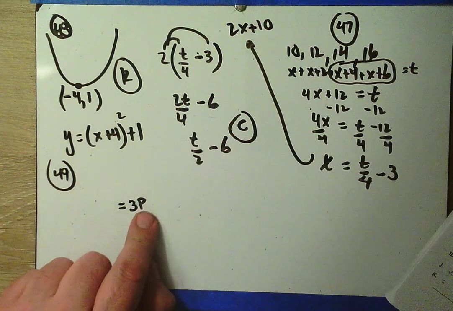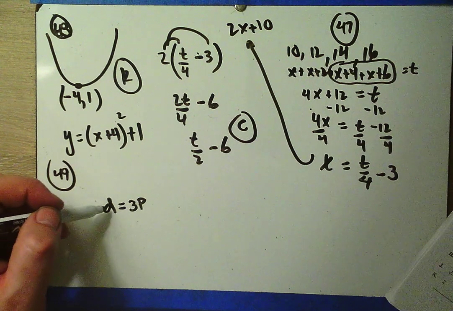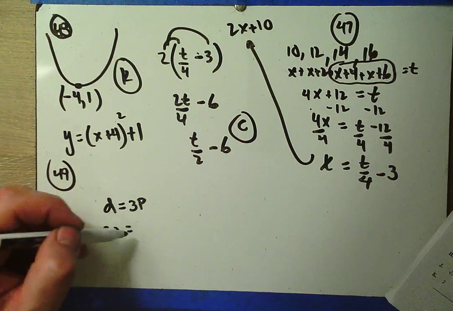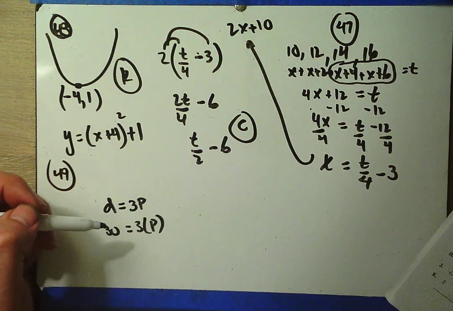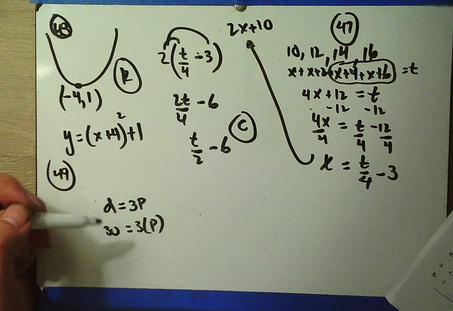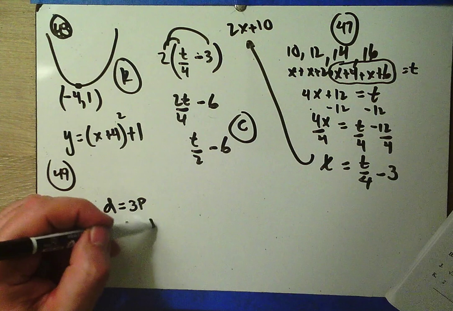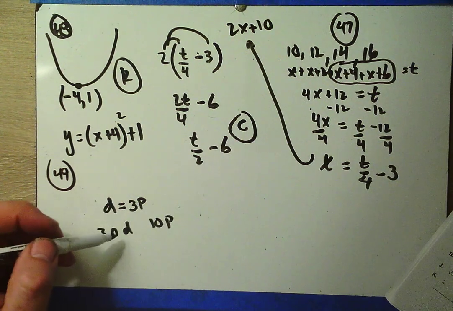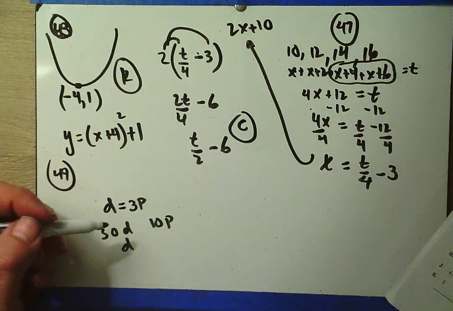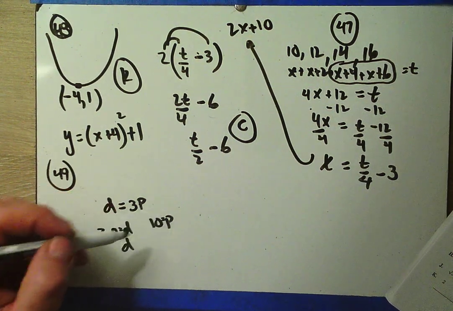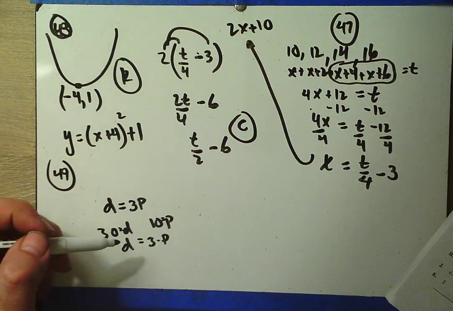Yes, so if I had 10 pennies, I would have 30 dimes. If I have 30 dimes, that's the number of pennies times 3. Whew, there are 3 times as many dimes as pennies. If there are 30 dimes and 10 pennies, I know that the number of dimes equals 3 times the number of pennies. Okay. Oh my goodness.